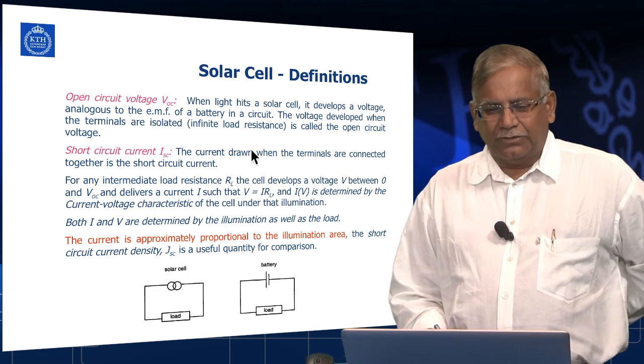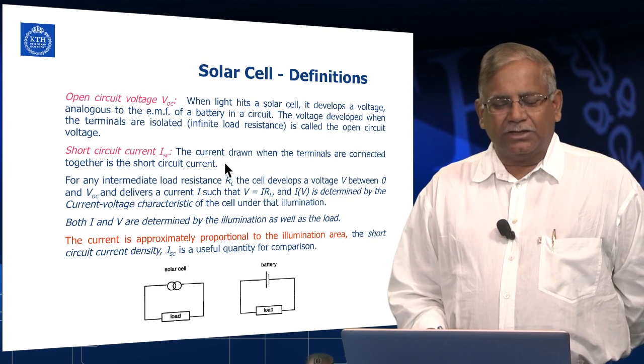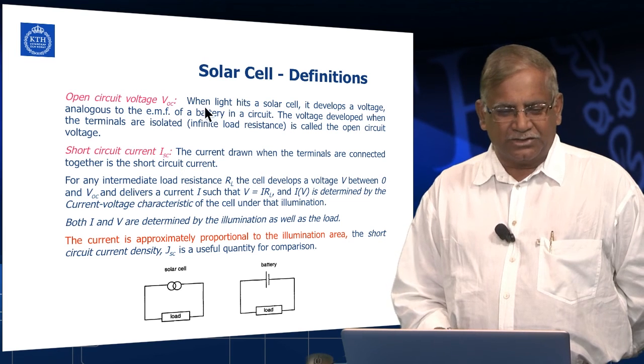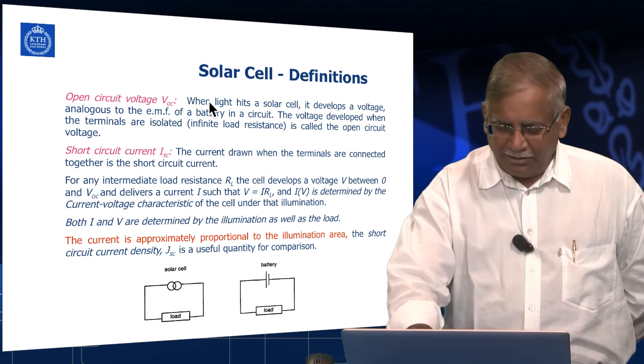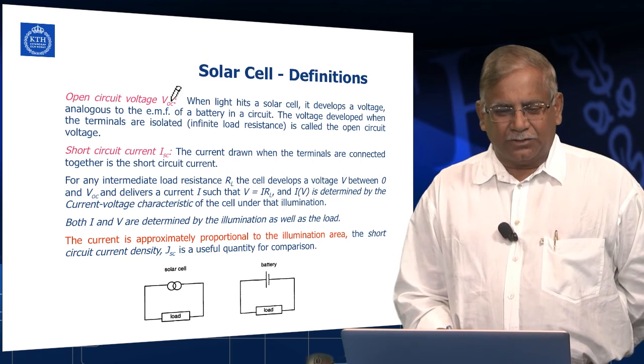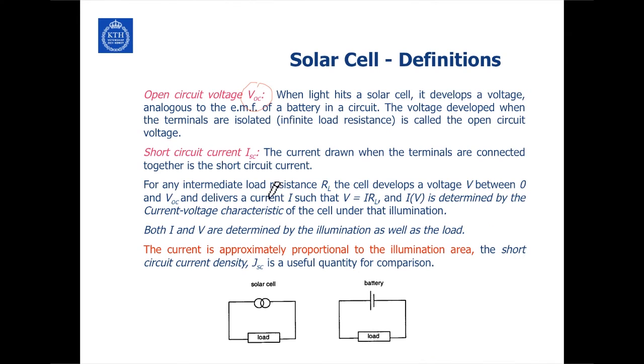Then we have a few definitions to use when you look at the technical specification sheet of any solar cell. What you find there are the values given for the open circuit voltage and the short circuit current. That is how, when you buy a solar cell, these come as the specification.